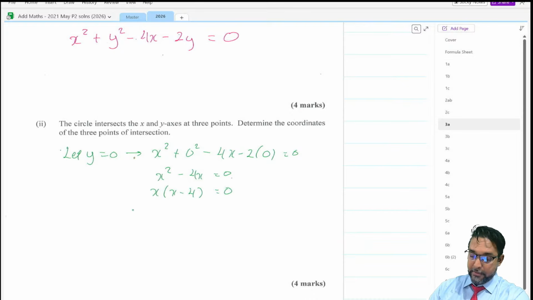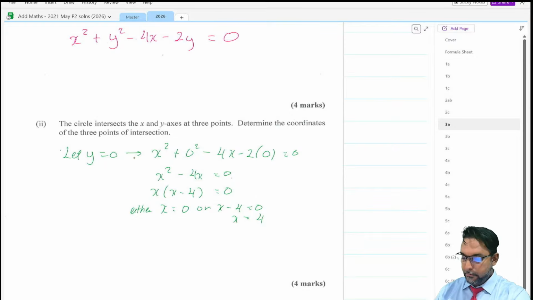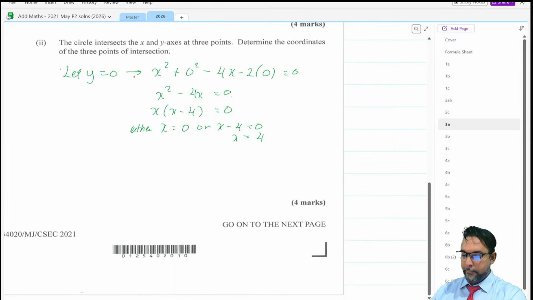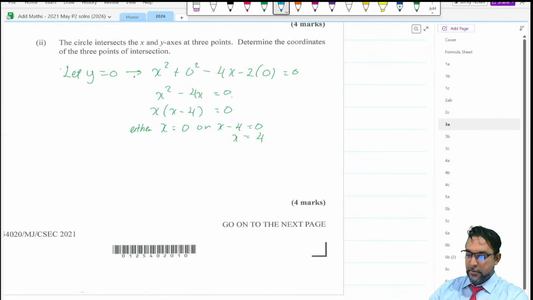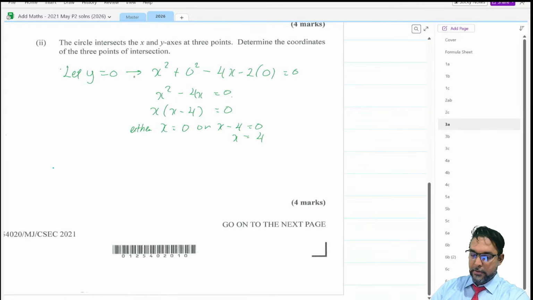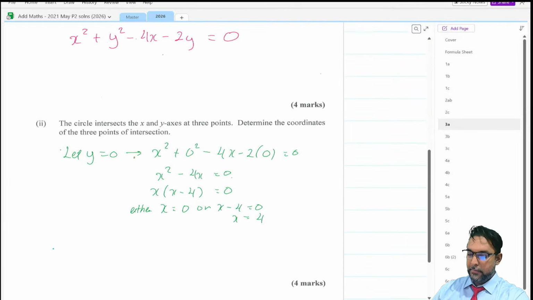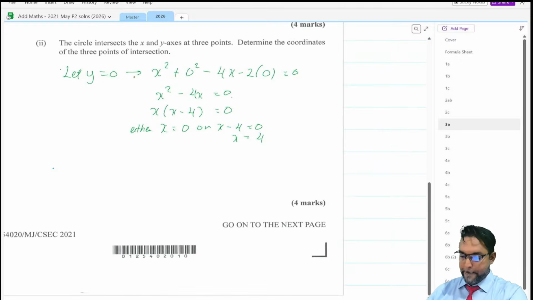So either x is equal to 0 or x minus 4 is 0, which means x is equal to 4. And if you do it for the y, you get y is equal to 0 and y is equal to the other, so I think it's 2, right? Then when you put it together, you put the x back on top, put the y back on top, and then solve. Yeah, that's correct. Making all of this sense?